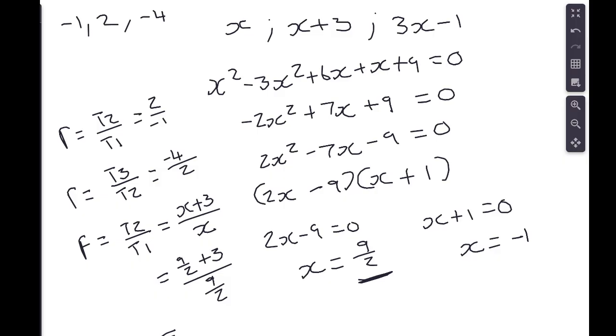Then we put that in our calculator. 9 over 2 plus 3, and then that answer divided by 9 over 2, which would give us positive 5 over 3. And that is our ratio.